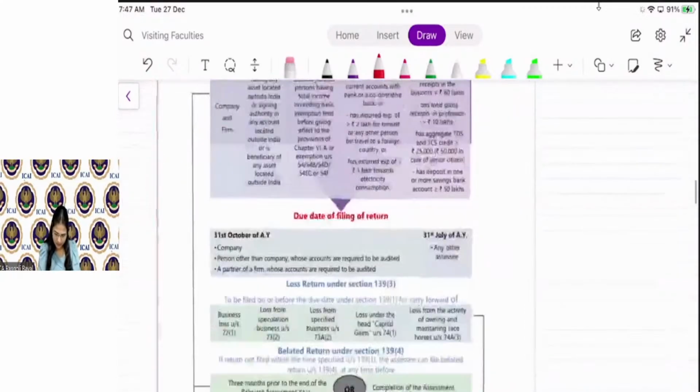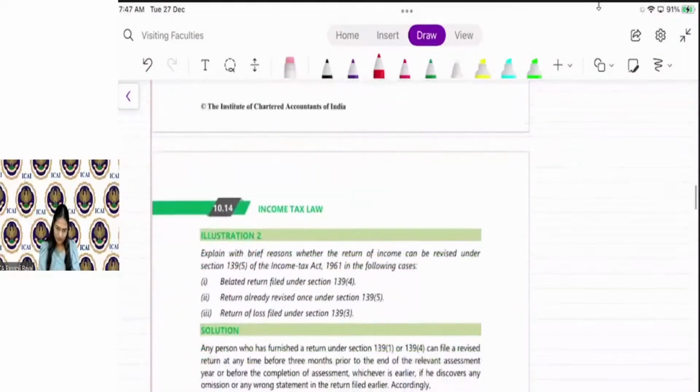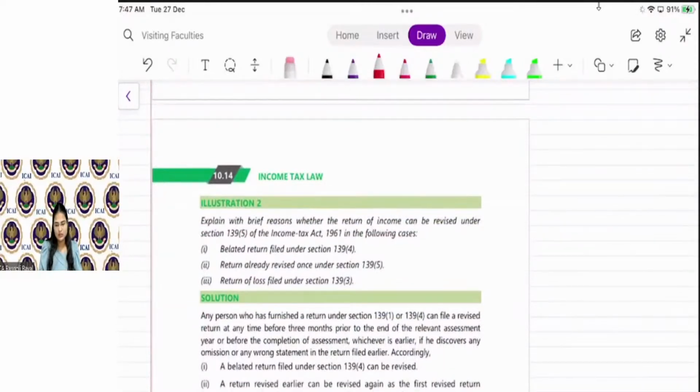The summary is given here. Up till now clear? So we will discuss illustration 2. Please reply.